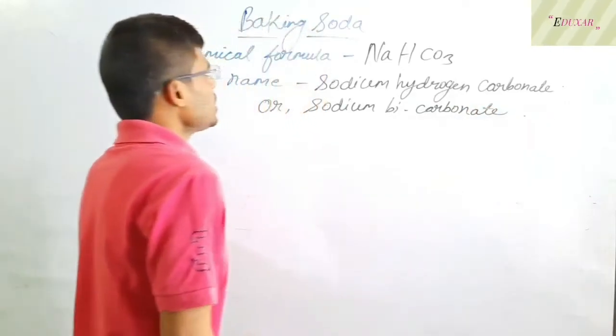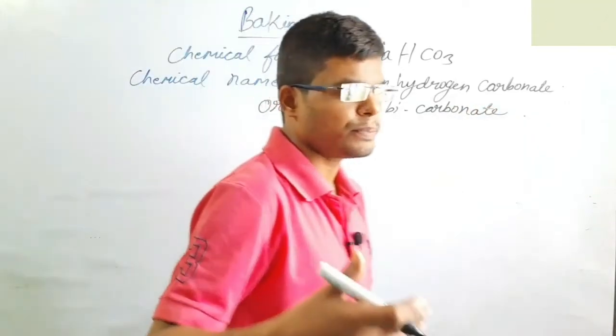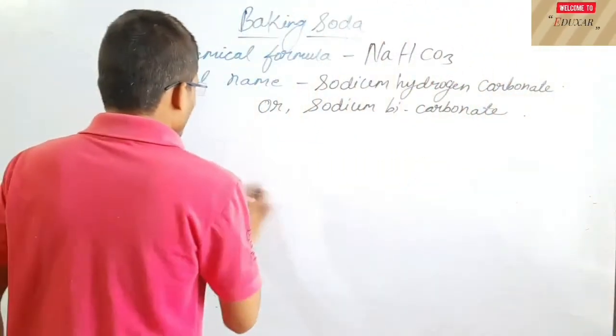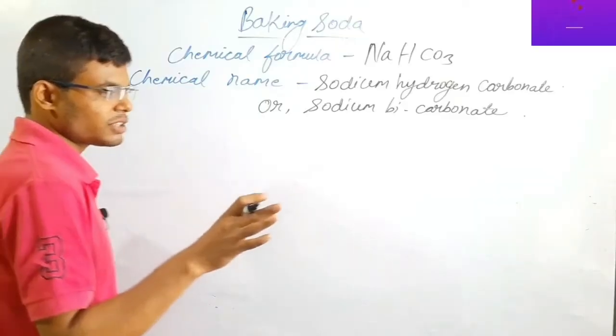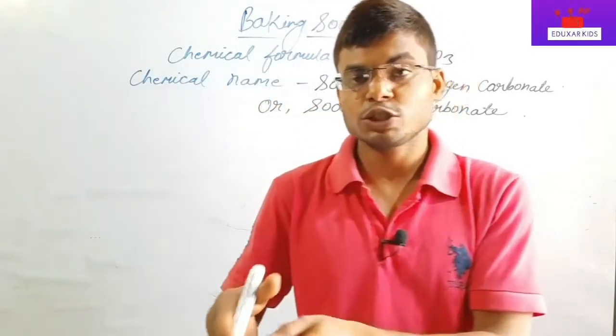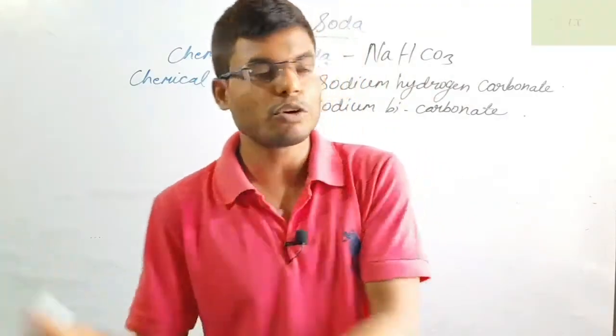Okay. How can we obtain the baking soda? This is obtained by a simple reaction between sodium chloride NaCl, H2O, CO2 and ammonia.